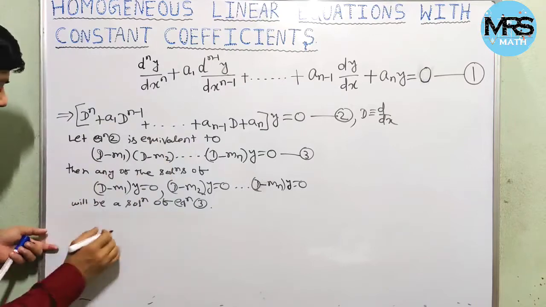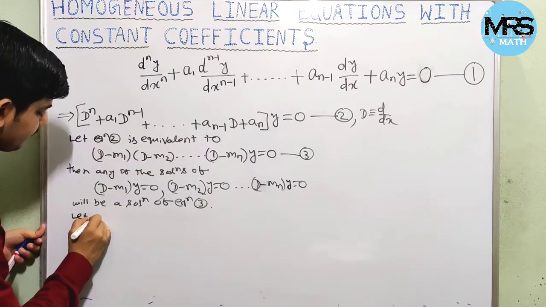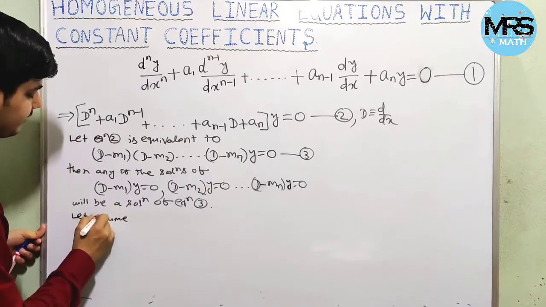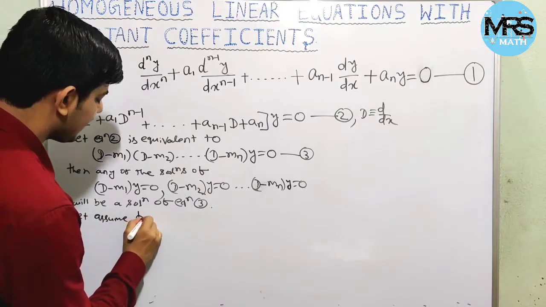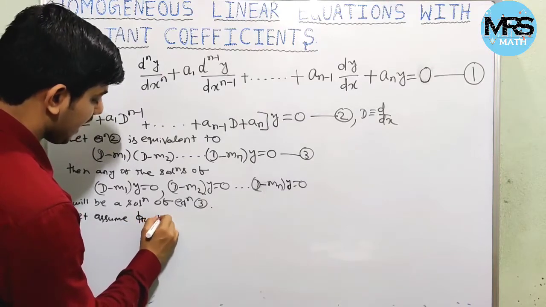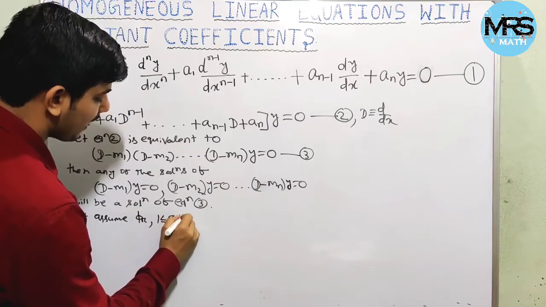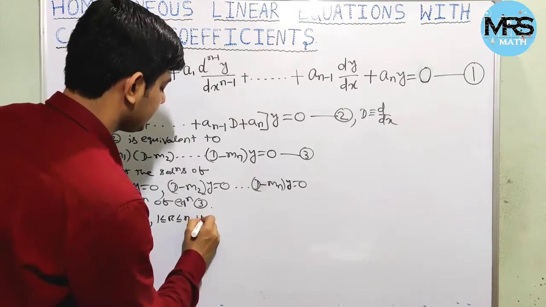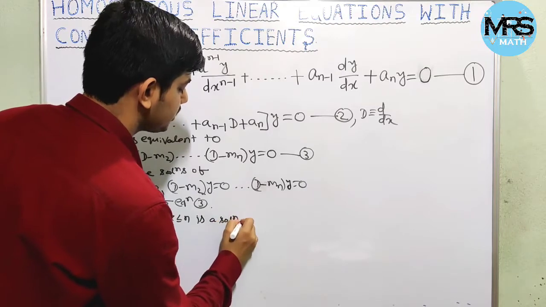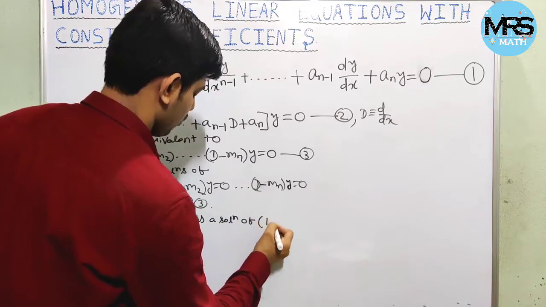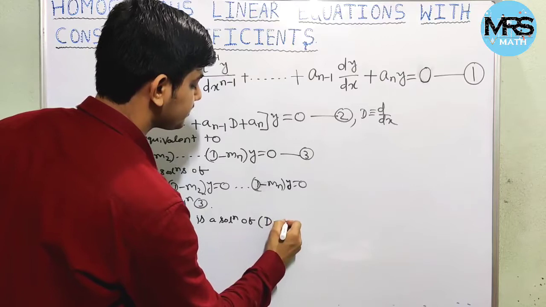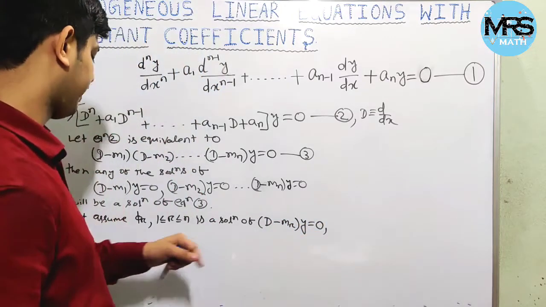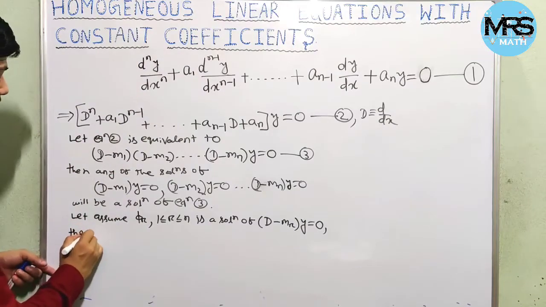To prove this, let us assume phi r, where r is between 1 and n, is a solution of D minus mr y equal to 0. Then what can we write?